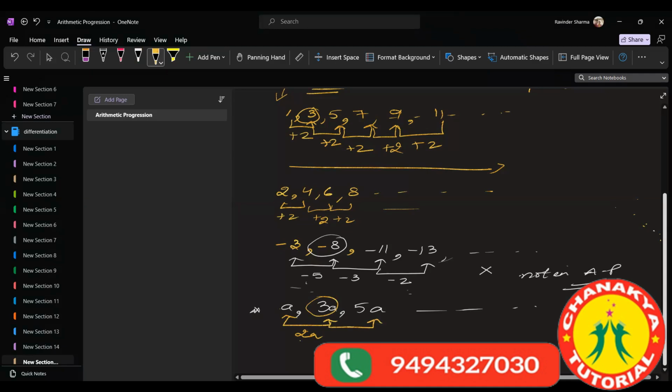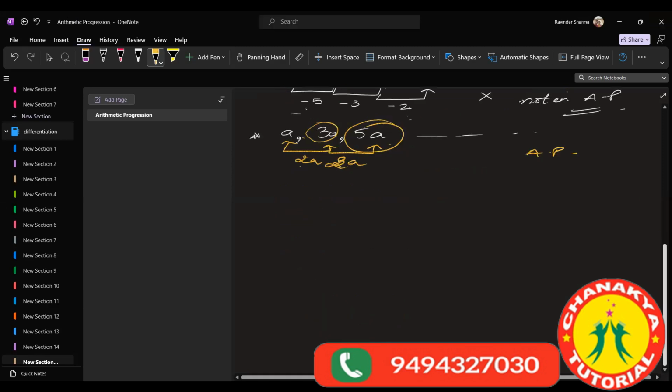So their common difference is the same. It means this is an AP. Clear, Pranya and Kashvi? Understood? Yes, ma'am. Clear. Okay. So children, see.